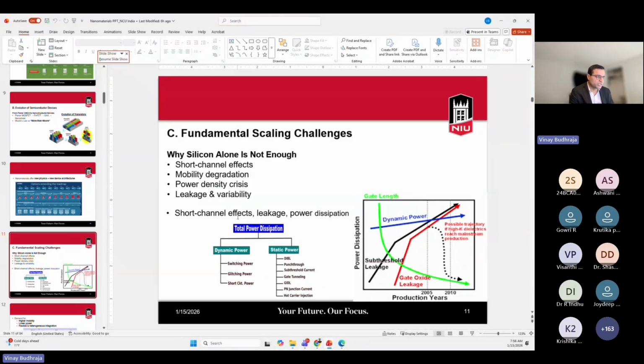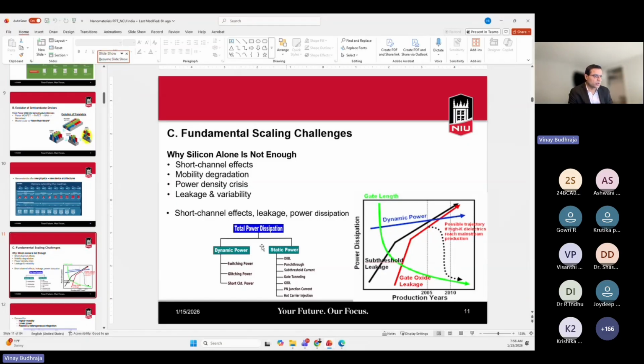First are the short channel effects, leakage, and the power dissipation. With the evolution of the technology, you can see the power requirements are increasing, because we are shrinking the size but at the same time increasing the density, and handling more components in the same area or a lesser area gives the short channel effect, leakage, and power dissipation issues, which need to be handled properly.